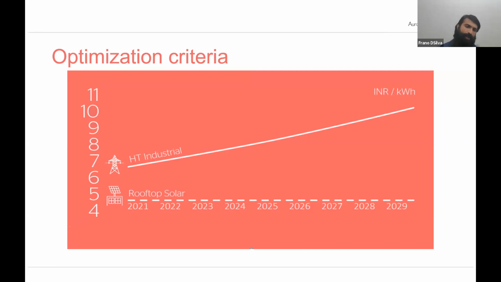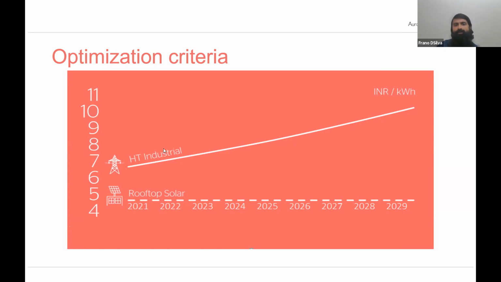While generation cost from rooftop solar is predicted to be fairly consistent between 4 rupees to 5 rupees per kilowatt hour for the coming few years. So, as you can see from the graph in the slide, the difference of cost of generation in 2021 itself provides a potential saving or a potential for avoided costs.